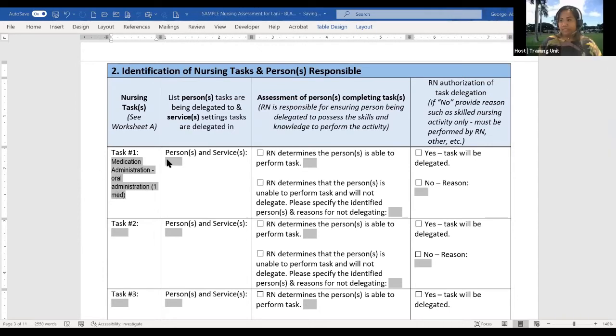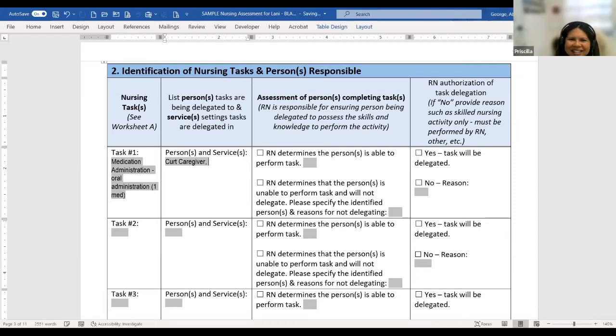Okay, perfect. All right, so the person that is doing this, according to the quarterly report, list the person tasks are being delegated to, and services, what settings tasks are delegated in. So we would put the caregiver's name. Is that correct, Priscilla? Yep.